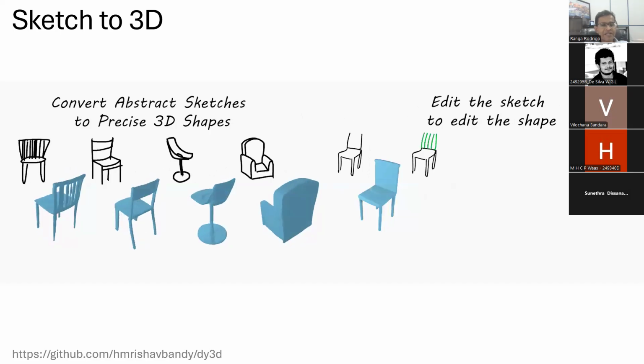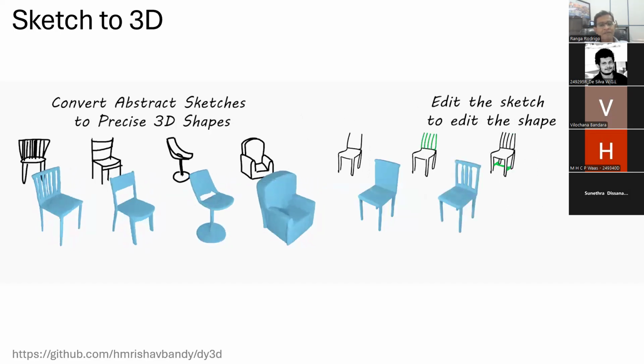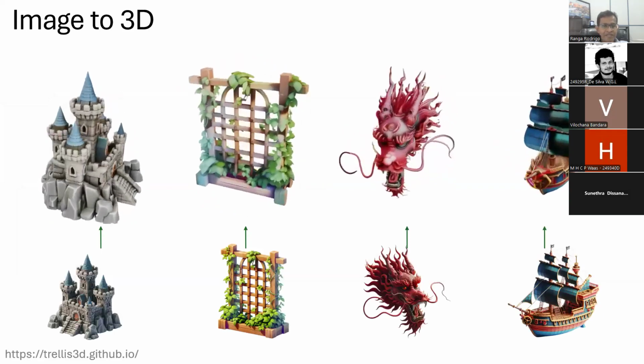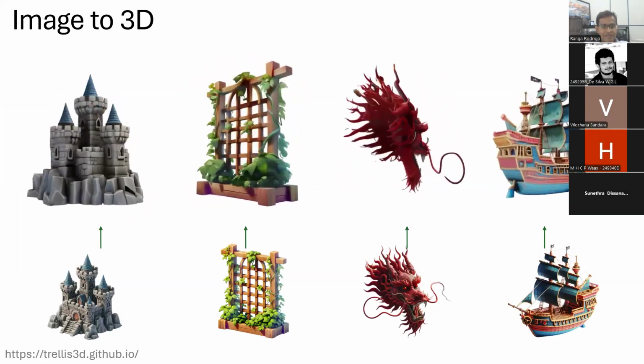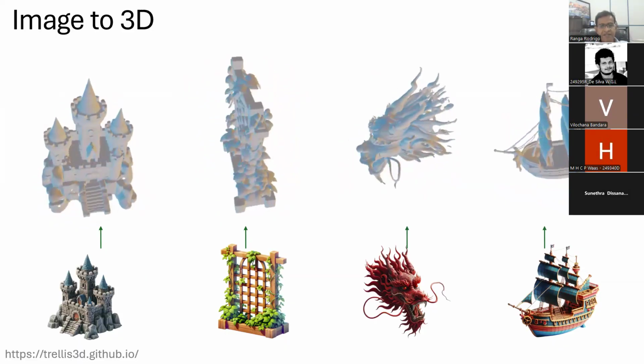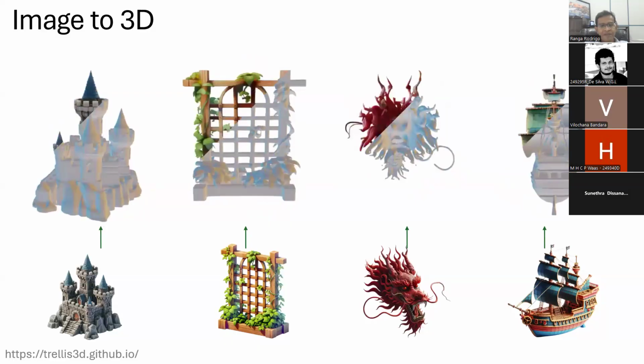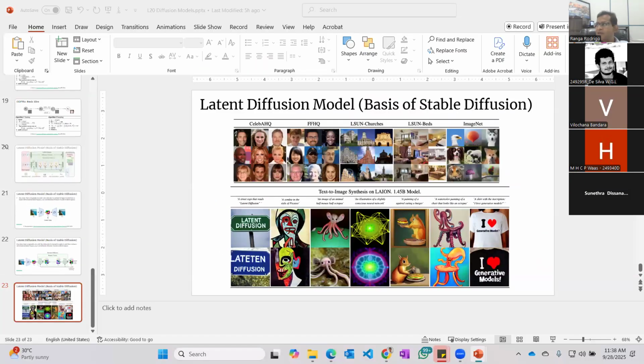So sketch to 3D, then finally image to 3D. This is what the students did. It's called Trellis. Yeah, that's what I wanted to show you. So that's 3D. These are very important in the movie industry and so on, robot navigation. Yeah, 3D things.